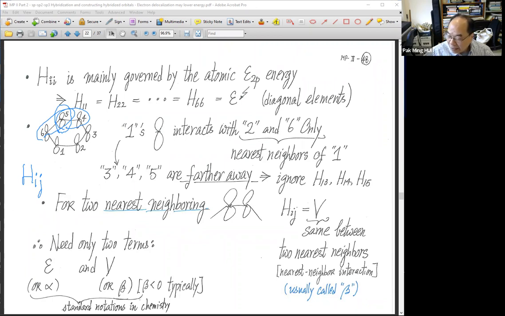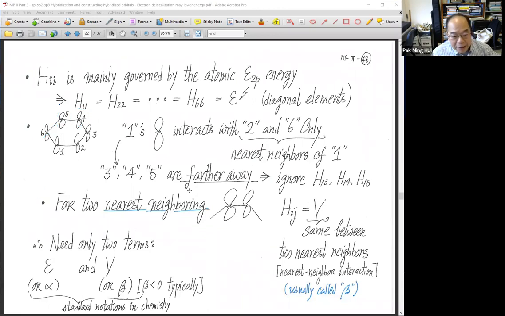Because at the end, it is like the C2H4 pi bond. There is a pz with an H in between. You do the integral. If they are too far away, that integral will vanish.